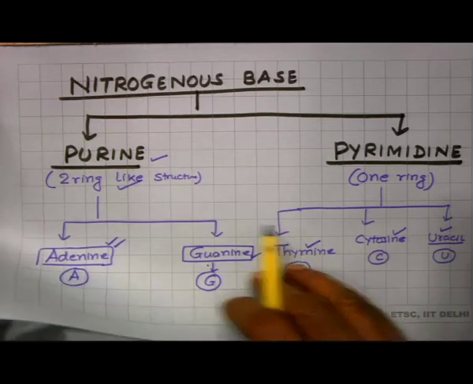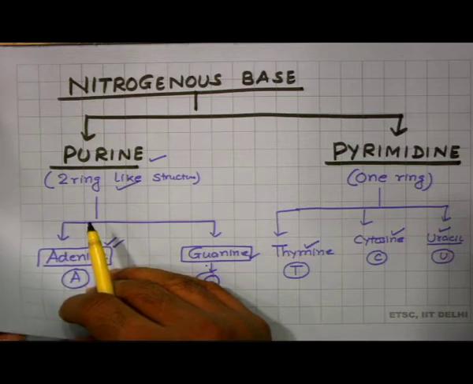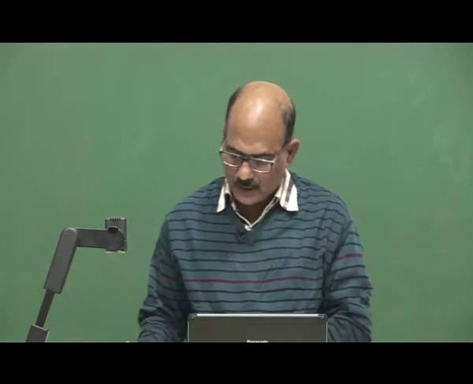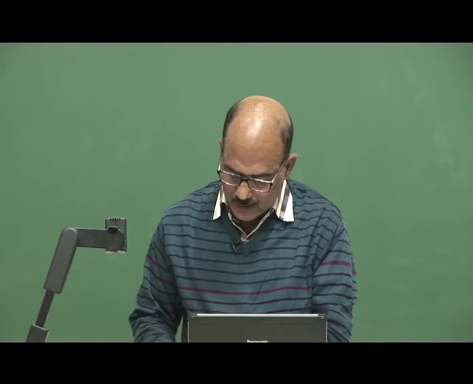Now, how can we write the structure of these purines and pyrimidines easily? Here there are some tips. First of all, purines have a double ring structure.